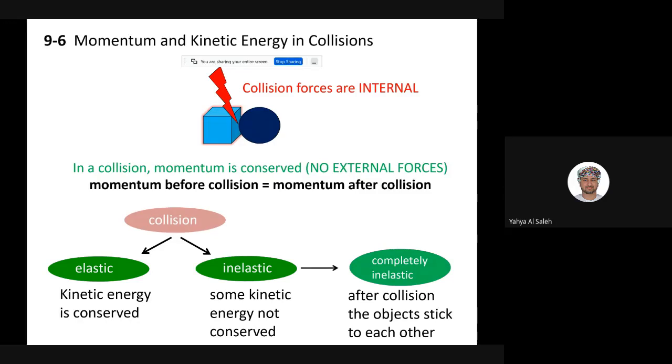If we have an inelastic collision, a bit of our kinetic energy is lost, say, for example, as heat or as sound or as crumpling or something. And if we're looking at something completely inelastic, then after colliding, the two objects actually stick together and move together as if they are a single object.